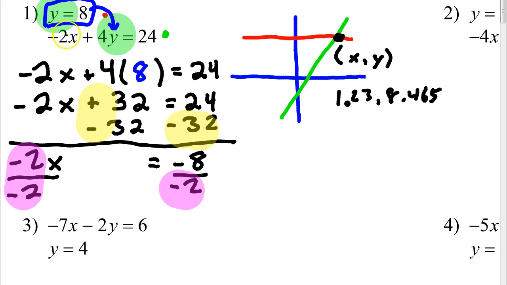Remember that. The x cancels out, right? Negative 8 divided by negative 2 is positive 4. So our answer is still a coordinate, x comma y. We know the first number, x, is 4.